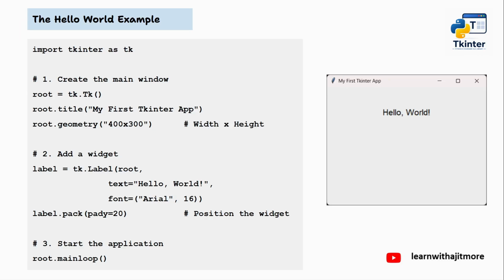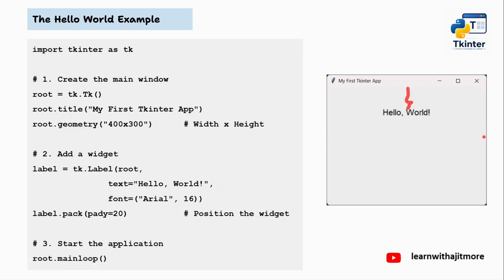Sir, is pack the vertical position or horizontal position? This pack, currently it is automatic, considering stick to the top. It will by default stick to the top. So this is the spacing, vertical, Y. Pad Y is this space. 20 it has left. But if you want this widget to stick to the left, you can do that.